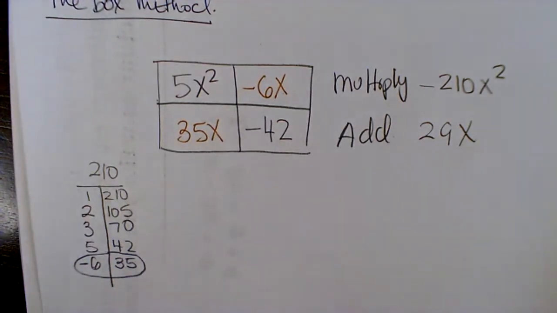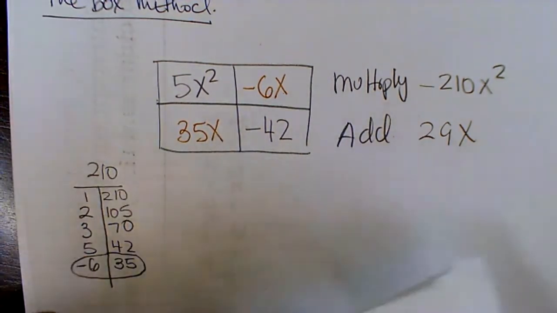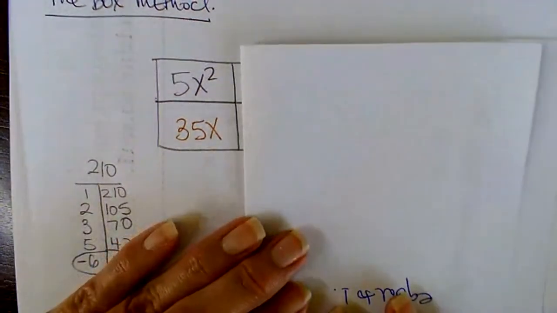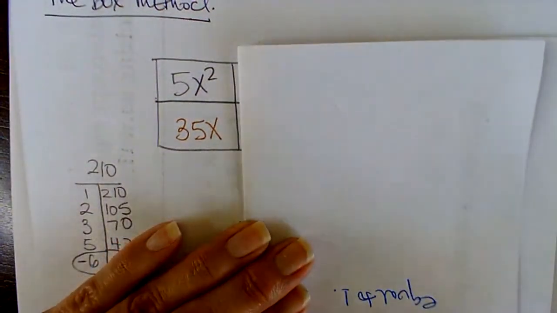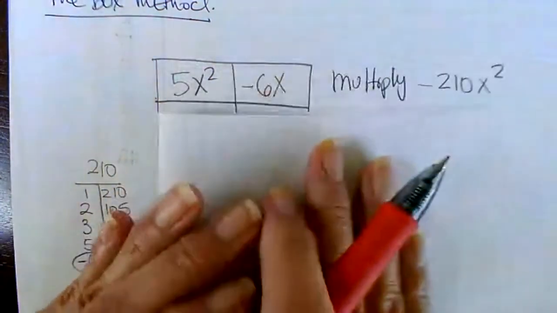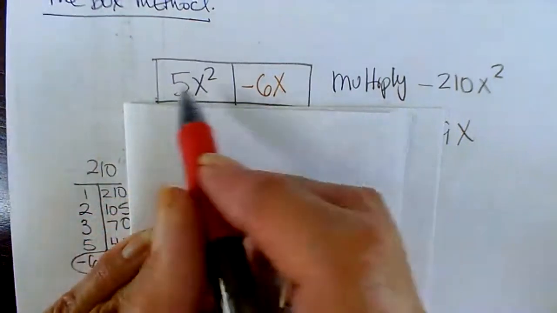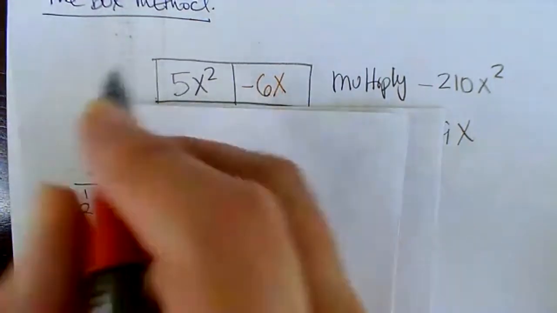So then now, let's find the greatest common factor. So we're gonna do this part. What is my greatest common factor? We were doing rows first. So right here, what do we have in common?